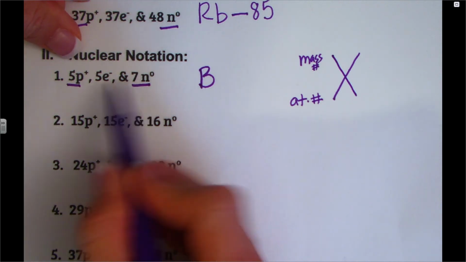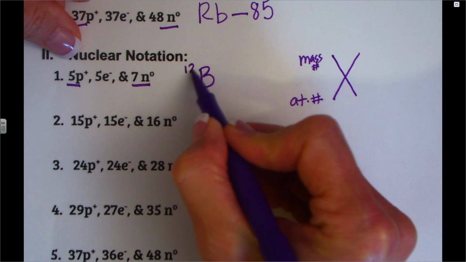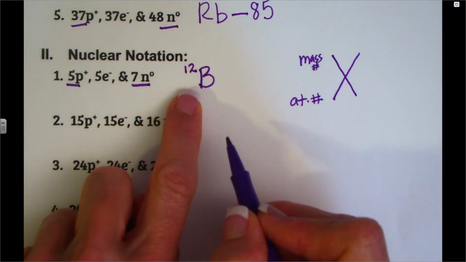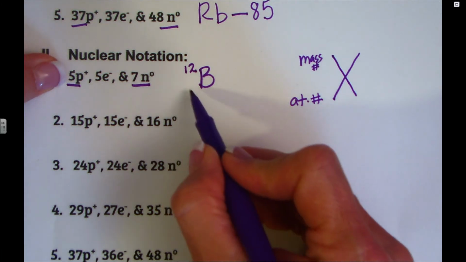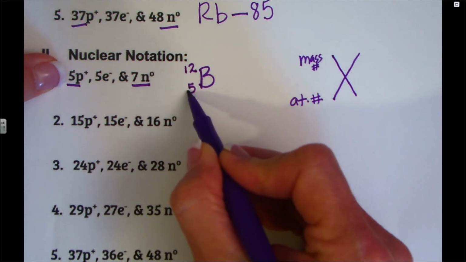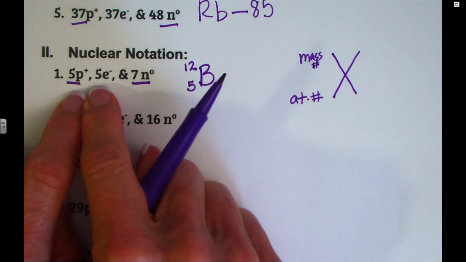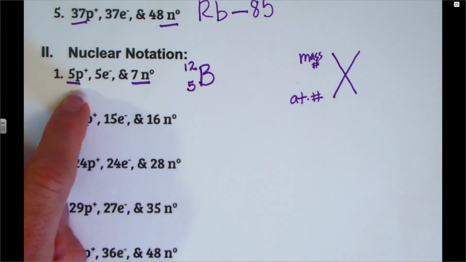So 5 plus 7 gave us 12, so your top number is going to be 12. In this notation, the bottom number is your atomic number, which is just your protons, so 5. And when you compare your protons to your electrons, you see that they're equal, so there's no charge. So that is an atom of boron.